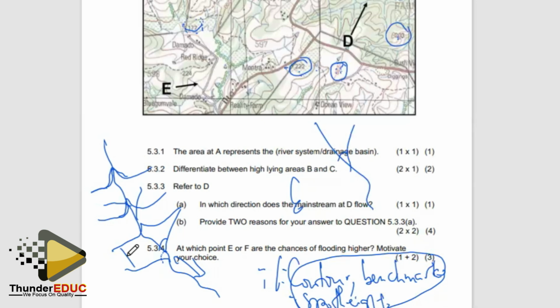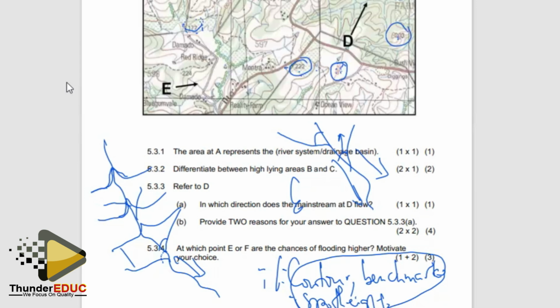If the acute angle is facing this direction, the river is flowing in that particular direction. So those are the indicators you can use if you get a question asking about the direction of flow of a river.